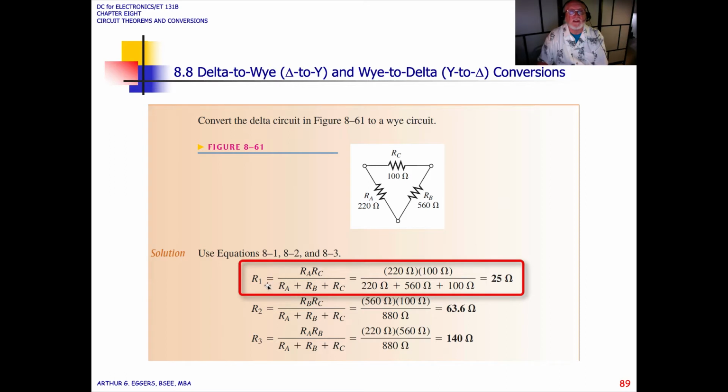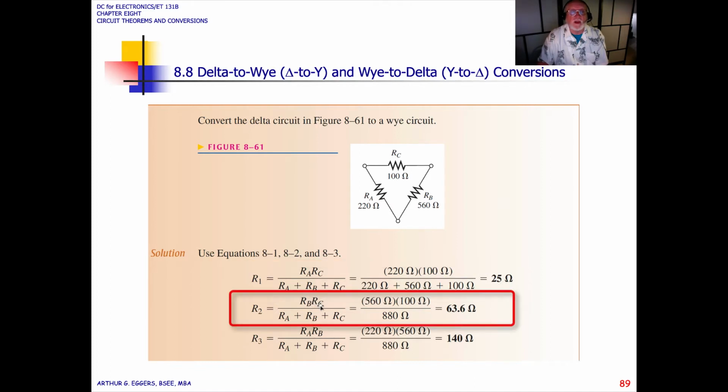So in the case of R1, you're going to use RA and RC plus the sum of the 3 to determine that the conversion is a 25 ohm resistor. For R2, RB times RC over the sum of the 3 resistors gives us 63.6 ohms.